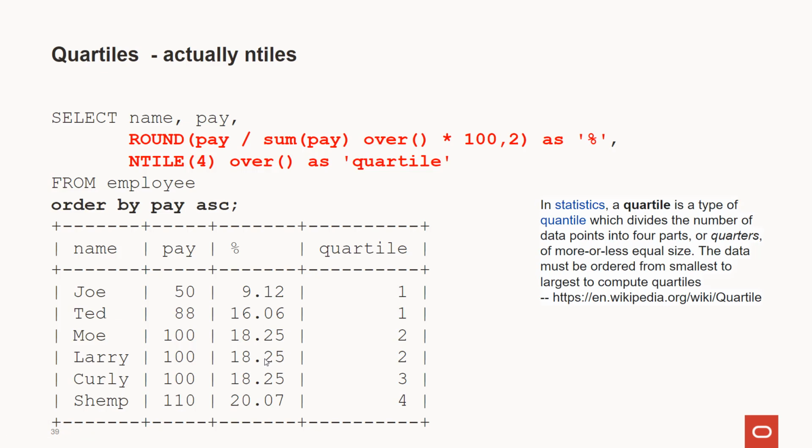And Mo and Curly are going to fall into the second one, and Curly falls into the third, and Shemp is going to be in the fourth quartile all by himself. Now, quartiles are real popular with a lot of statisticians, as it tends to give you fairly easy analysis of how things work.